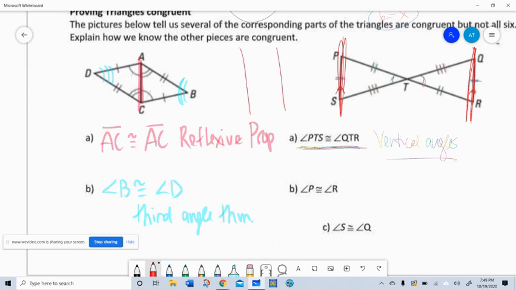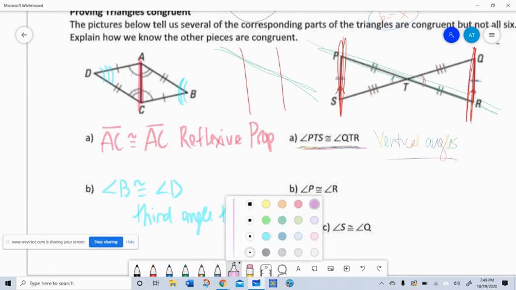If you remember, if we have parallel lines that are cut by a transversal, for example, this guy, then we happen to know that the angle here and the angle here, which I'm going to label as angle P and angle R, those two angles have to be congruent.